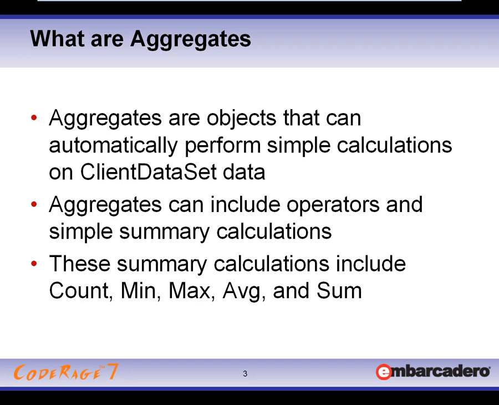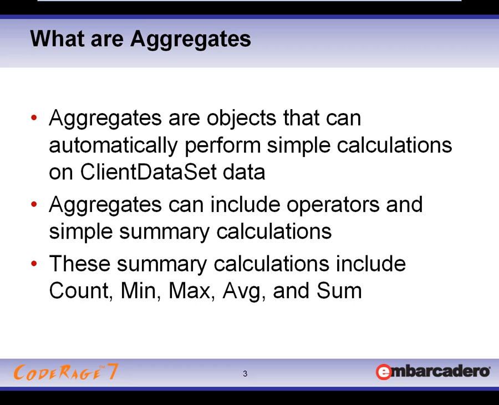One is the TAggregateField, which is a TField element that can perform aggregate calculations. The other is an aggregate, or a TAggregate, and you can find it as a collection under the Aggregates property of a client dataset. And these objects are distinct, and I'll make it clear how they are different from one another in just a moment.